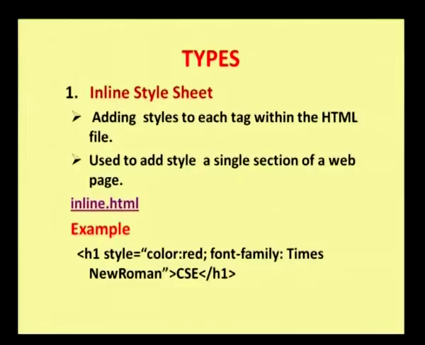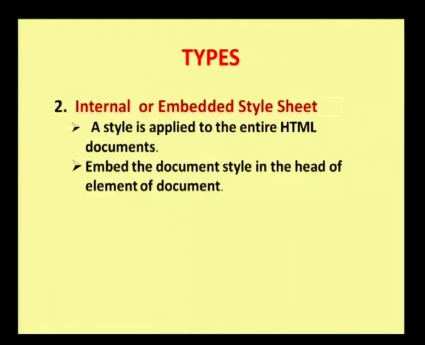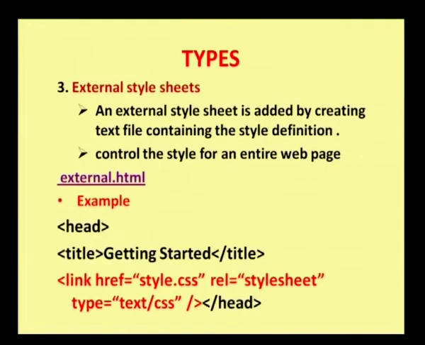Let us see what are the types of style sheets present in HTML. There are three types of style sheets present: inline, internal or embedded, and then the external style sheets. Inline style sheets: while writing the HTML program, we can define the style for each element within that element in a particular web page.